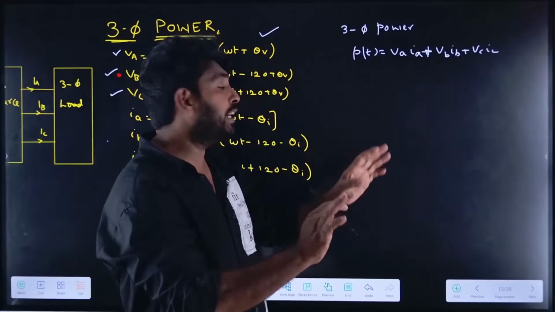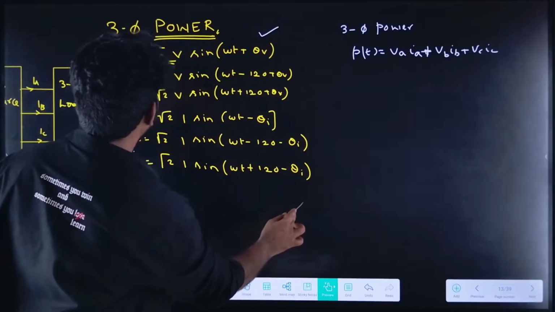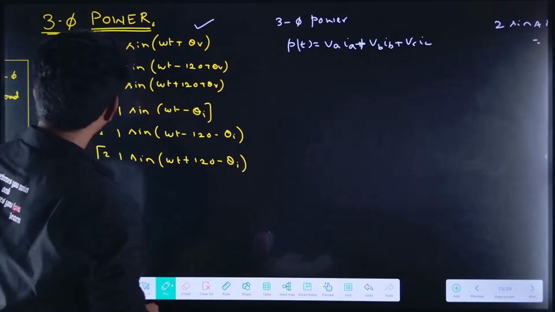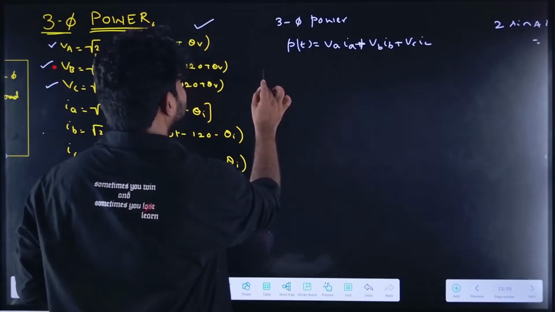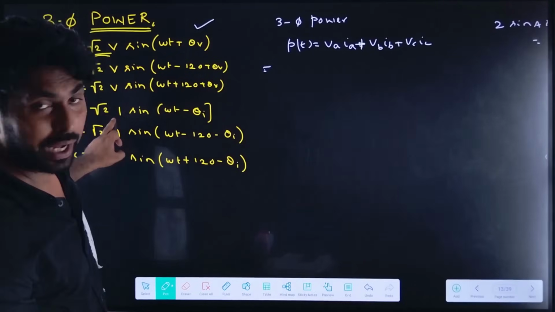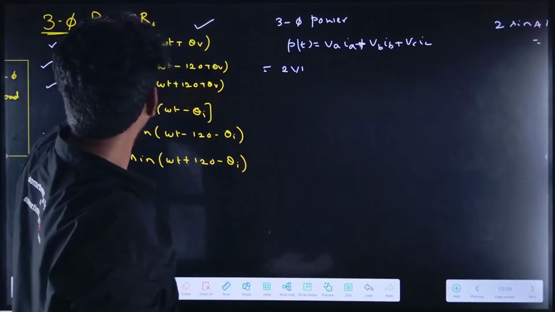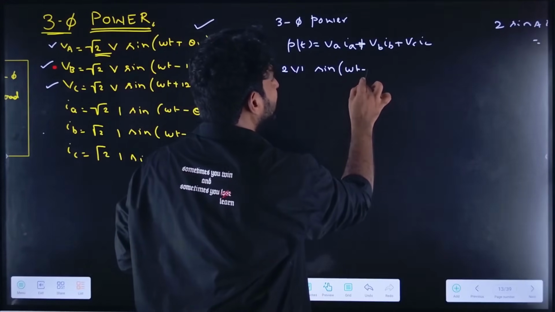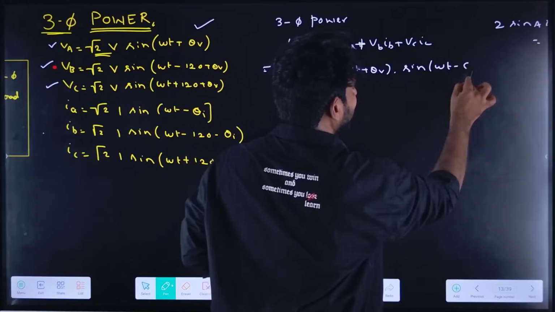The instantaneous power P of t equals root 2 V into root 2 I, that is 2 VI, sin omega t plus theta V into sin omega t minus theta I.